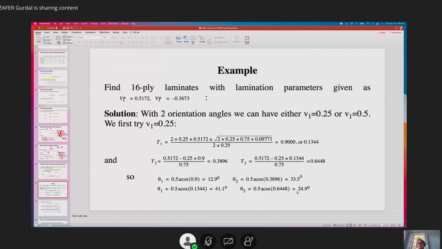And then there's a second laminate that satisfies the same stiffness matrix. So the same in-plane stiffness matrix can be obtained by a very large number of ply orientation angles and stacking sequences, as long as you're able to let the percentage vary continuously.